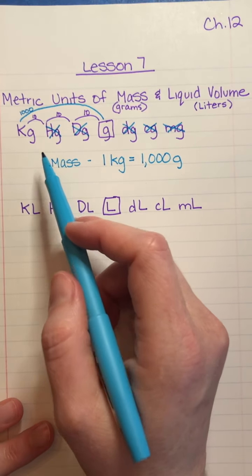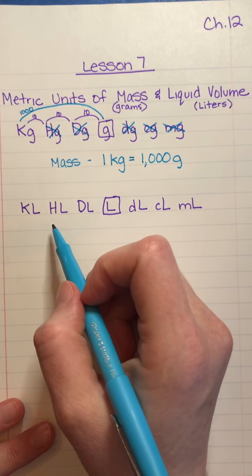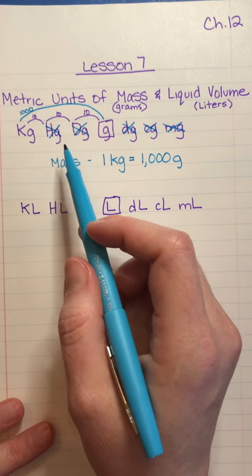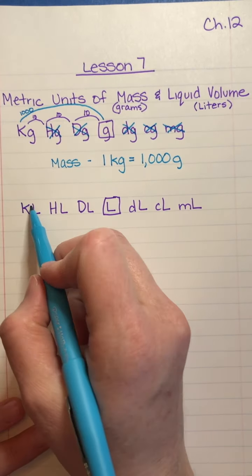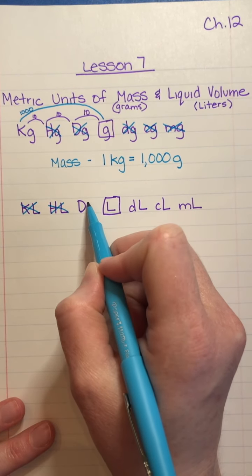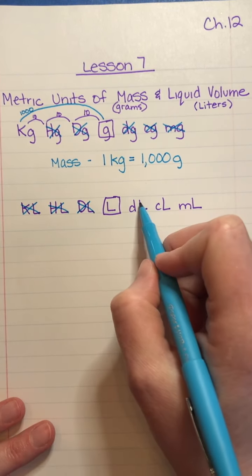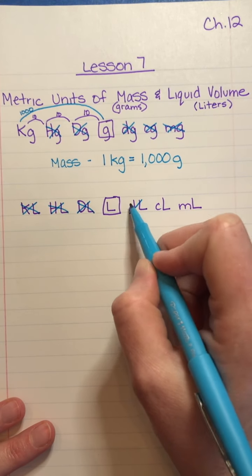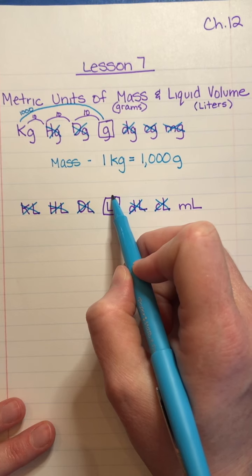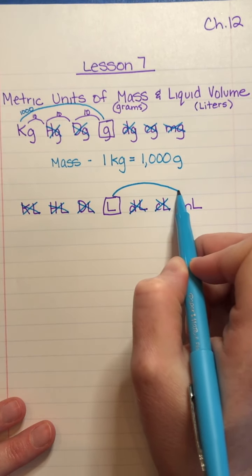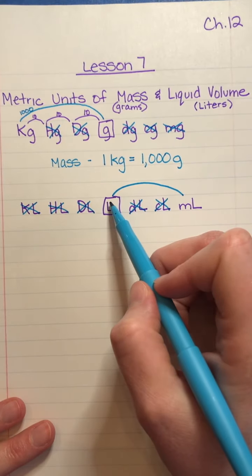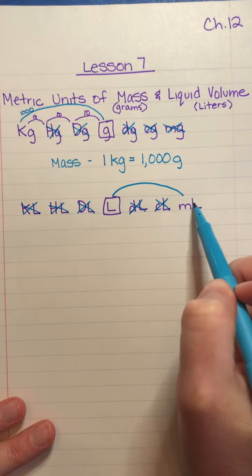Similar to grams, it'll be similar but slightly different. We are not going to use kiloliters, hectoliters, or decaliters. And below, we're not using deciliters or centiliters. So we are going to look at liters to milliliters, and that's it. What do you think the change would be going from liters to milliliters?